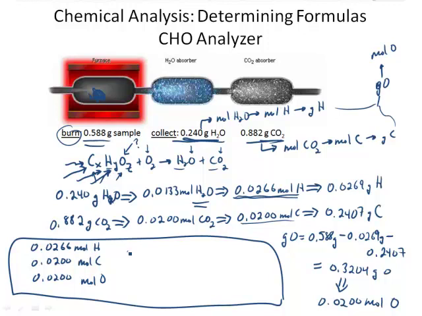And so what we now do is we find the number of hydrogens over the number of either carbons or oxygens, which is 0.0266 over 0.0200, and that is equal to 1.33, which is 1 1/3, which is equal to 4/3.